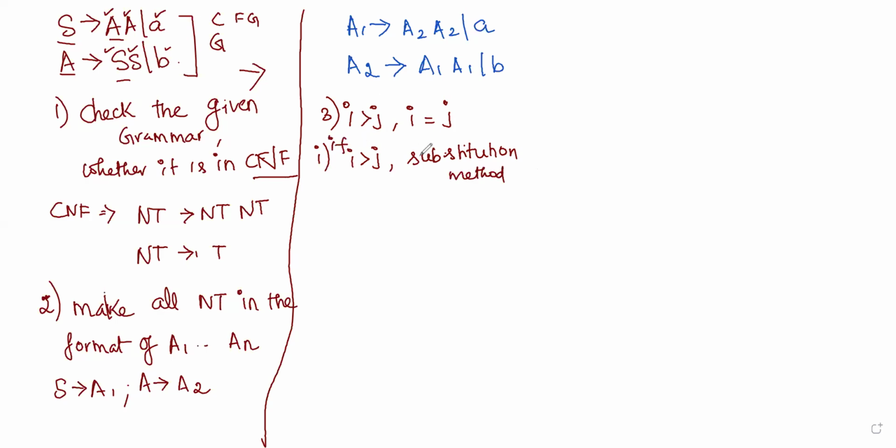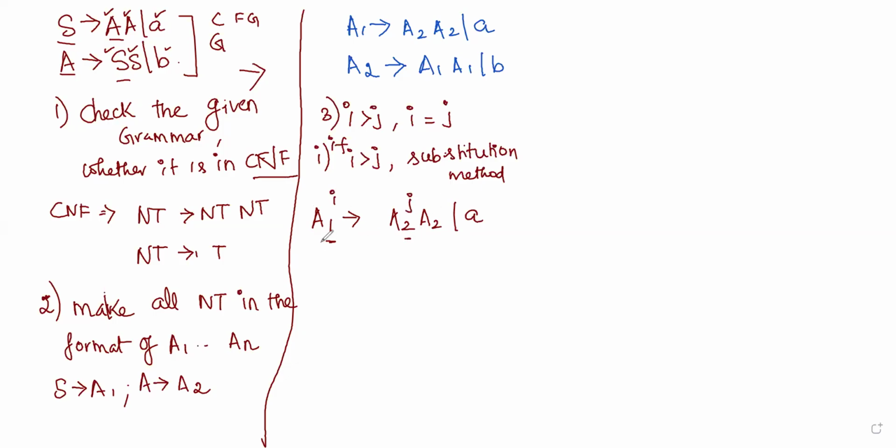If I is greater than J, then use the substitution method. Here I'll take the first production, A1 gives A2 A2 and A. So this is your I and this is your J.